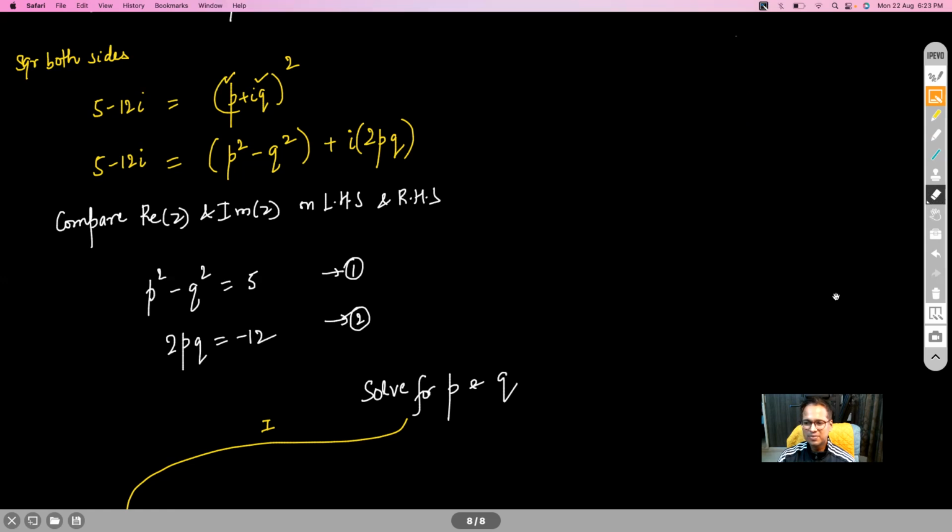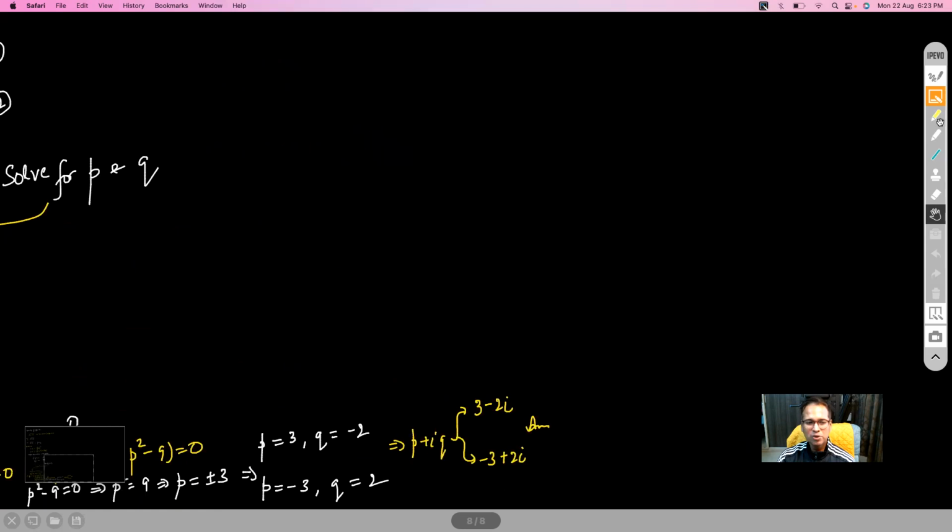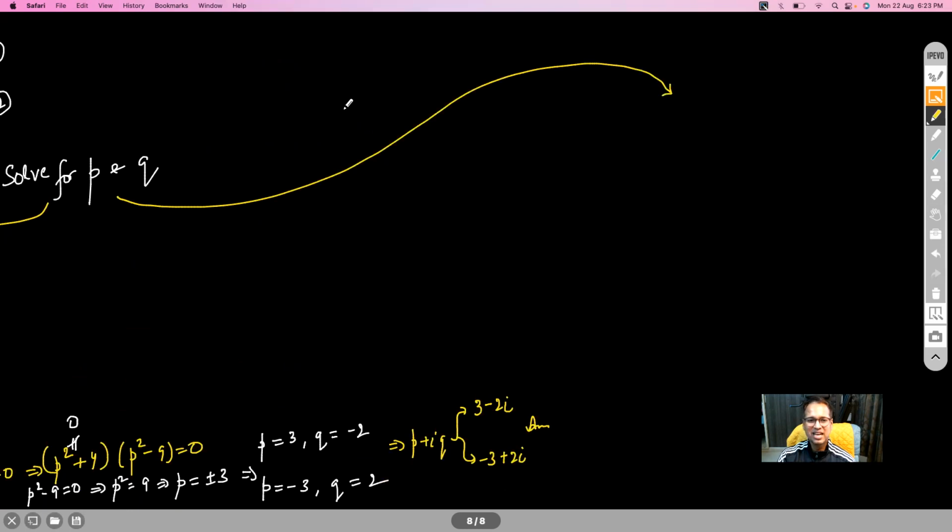All right. Now coming to the second approach. So I'll do my second approach here. Second approach. Now this is the approach which even I like using.